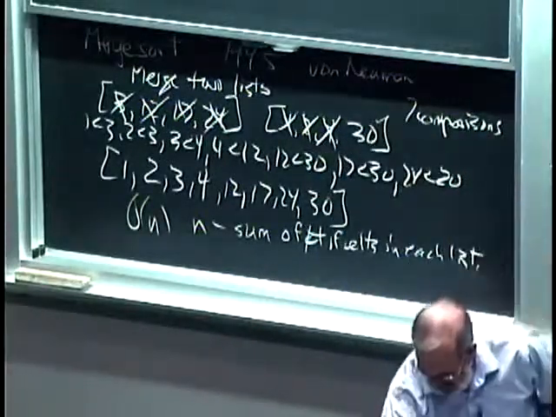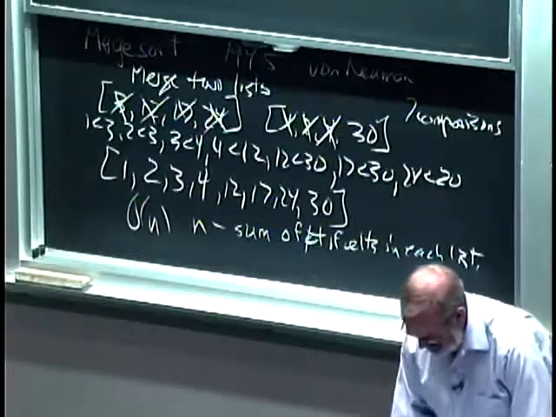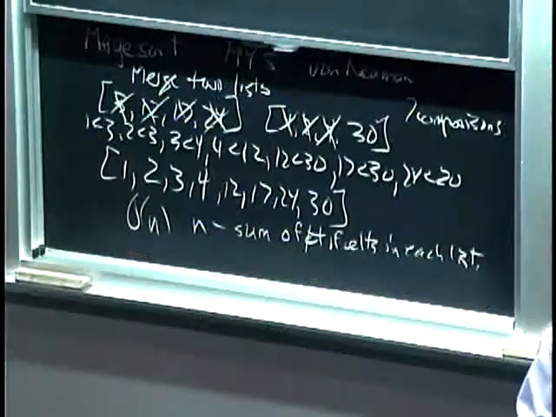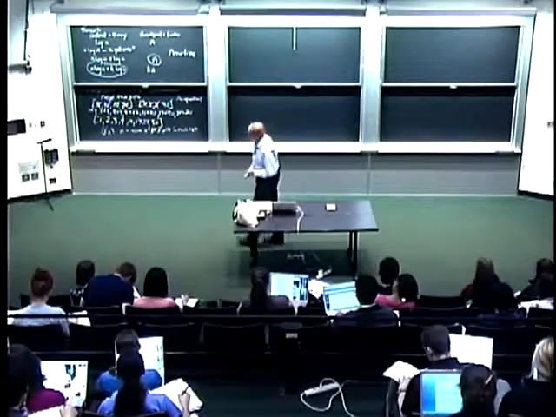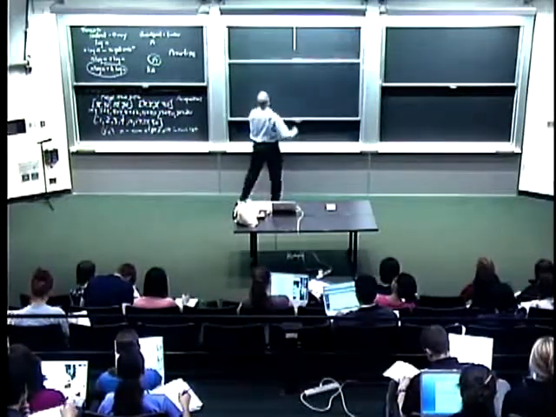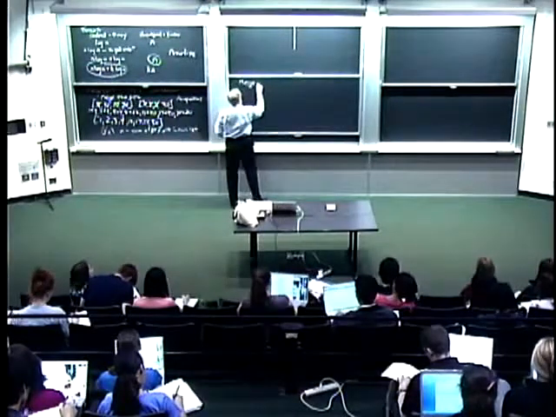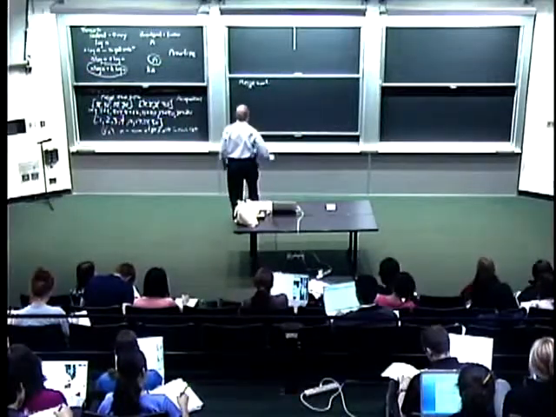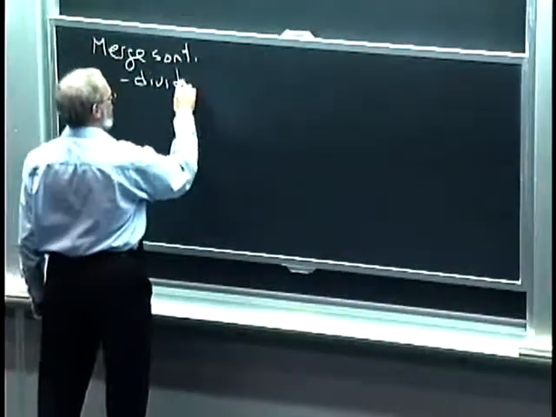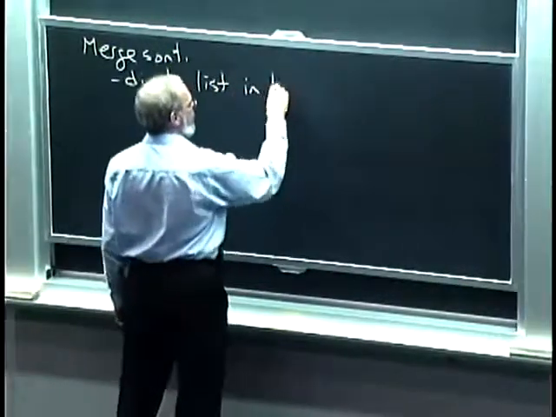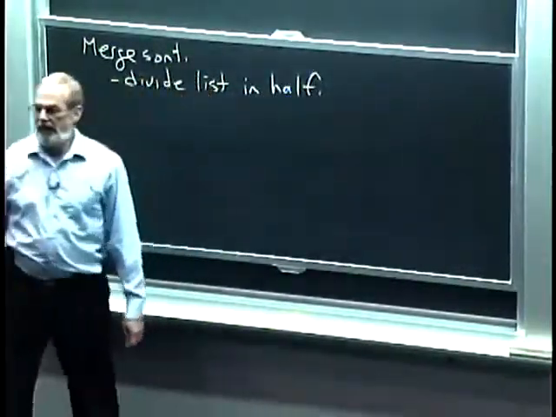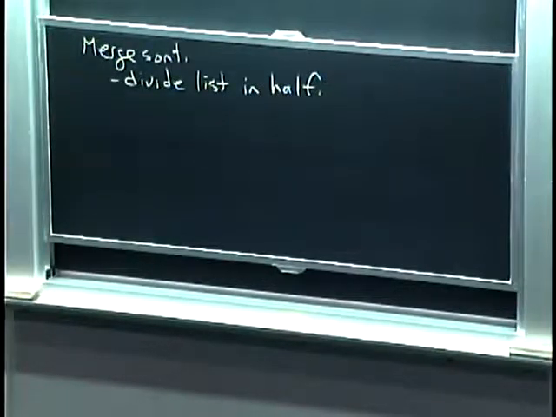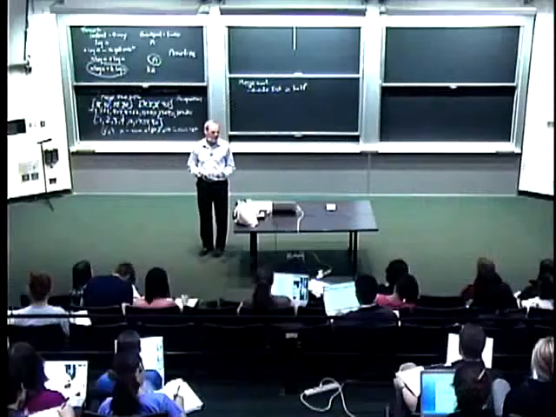Okay, so I thought I was going to back my way into this. That gives me a way to merge things. So here's what merge sort would do. Merge sort takes this idea of divide and conquer, and it does the following. It says, let's divide the list in half. There's the divide and conquer. And let's keep dividing each of those lists in half until we get down to something that's really easy to sort. What's the simplest thing to sort?